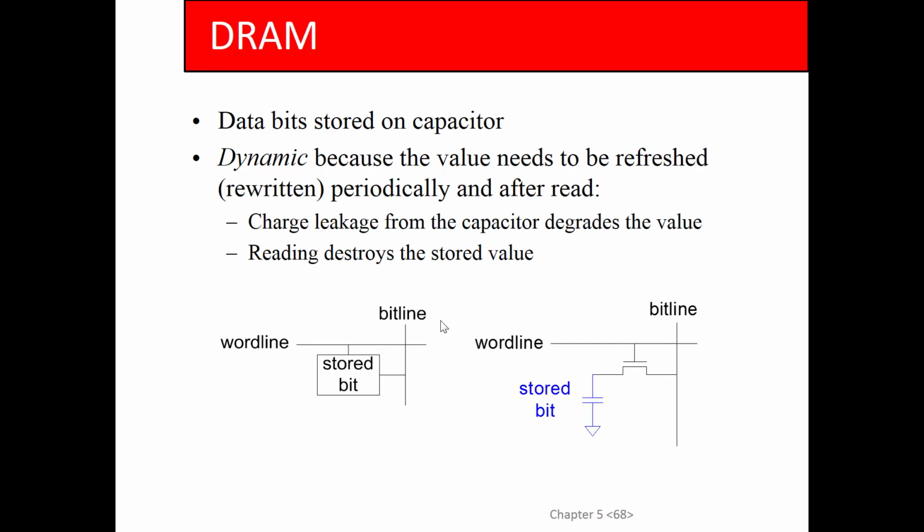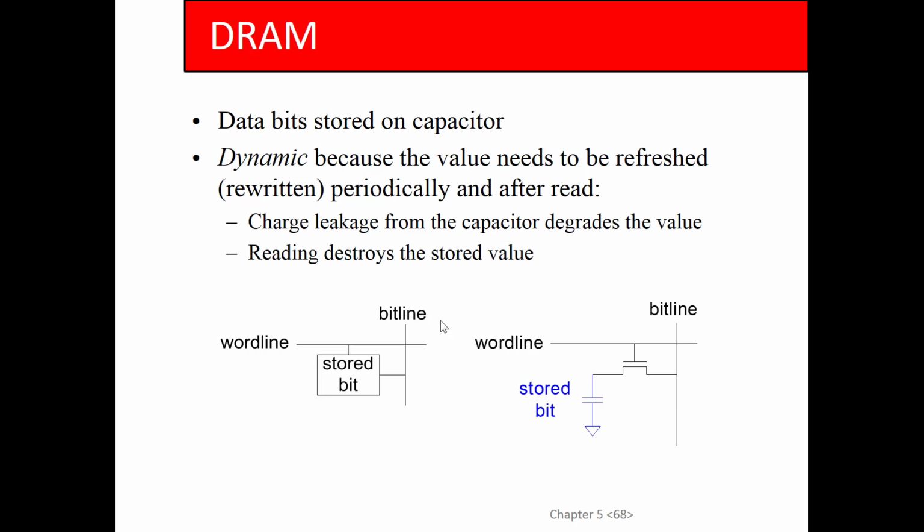Okay, so going back here, DRAM kind of looks like this. This is a simplistic diagram, but the word line comes in and it's attached to a single NMOS transistor. That transistor is used to connect this little tiny capacitor to the bit line.